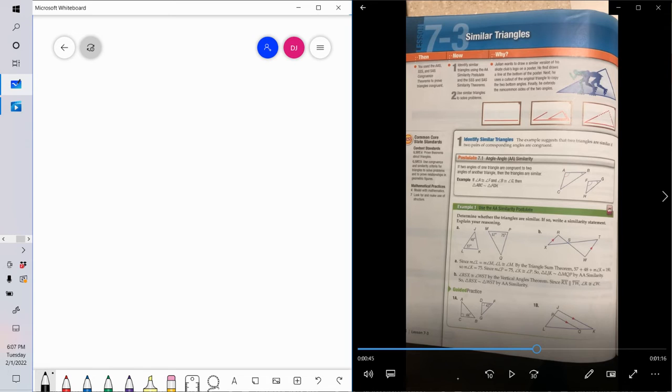So again, I can have a large version of a triangle and a small version of the exact same triangle. Those triangles are going to be similar.